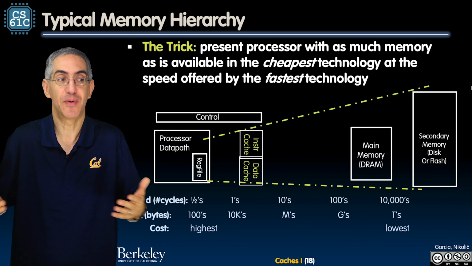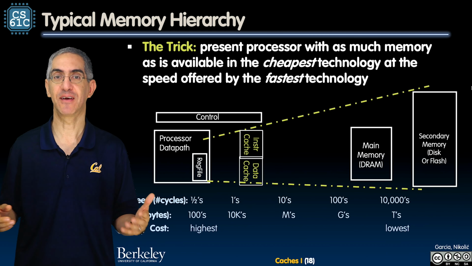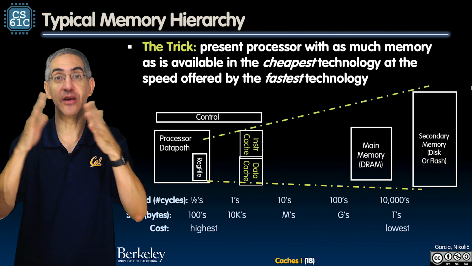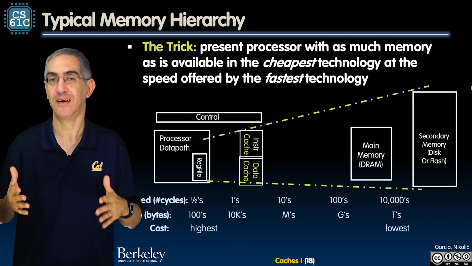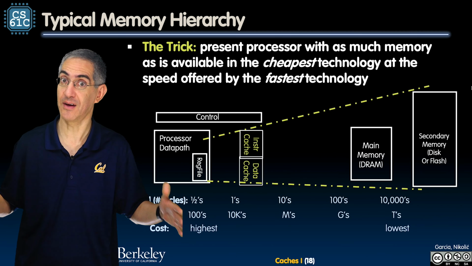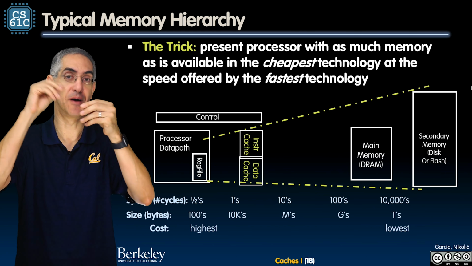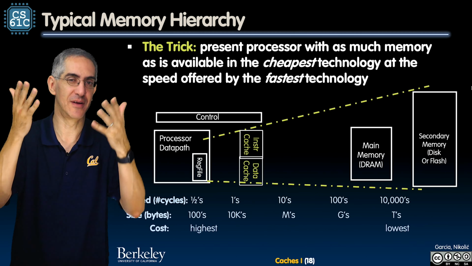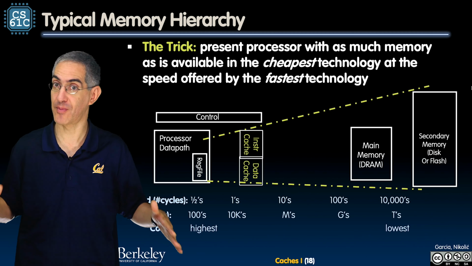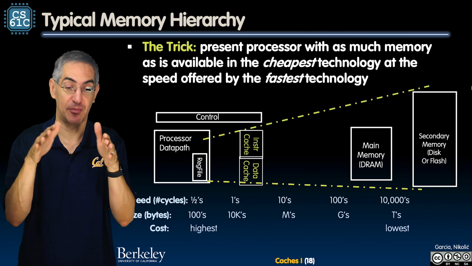That's the big idea. It's like imagine having the disk available to you at the speed of registers. And the idea of caches is, what if you had all of main memory, which was big, at the speed of the cache? It's not registers, but it's pretty close.